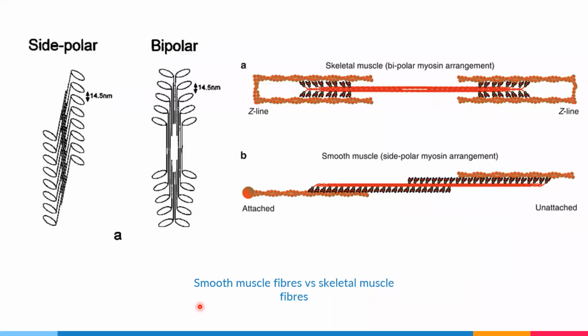So this is what the side polar myosin filaments look like. The myosin filaments are present on either side, 180 degrees across from each other. So there are no cross bridges present above the plane or below the plane of the myosin filament. And this is an example of a skeletal muscle fiber myofilament whose cross bridges are present in all directions.